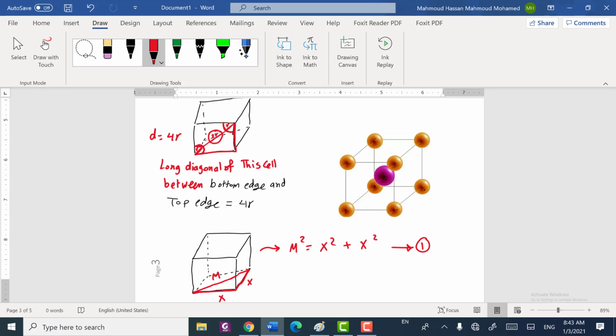Now, in this shape we are going to calculate d. With this x and this x at a right angle, we'll find d squared, the long diagonal, equals x squared plus x squared. This is equation number 2.